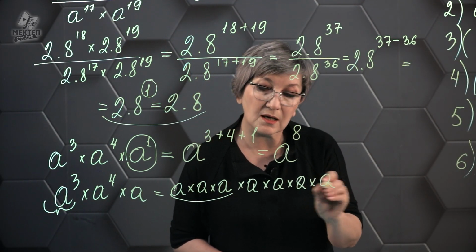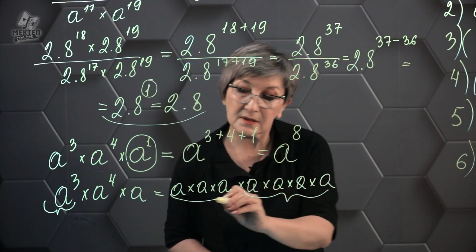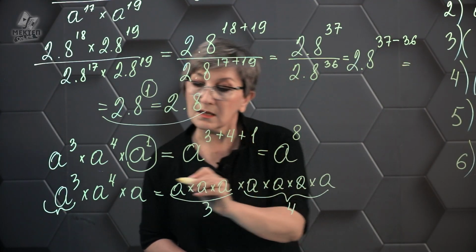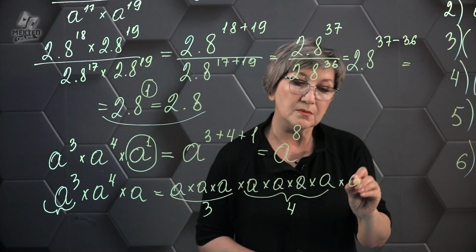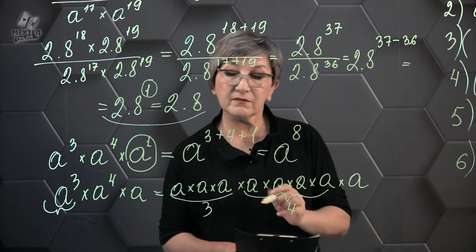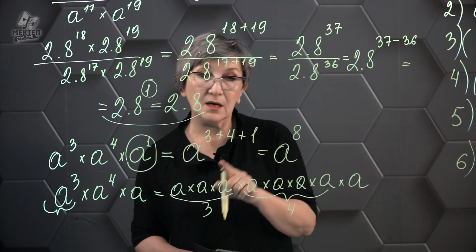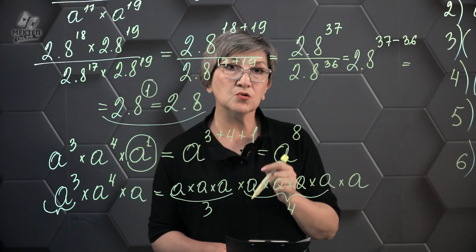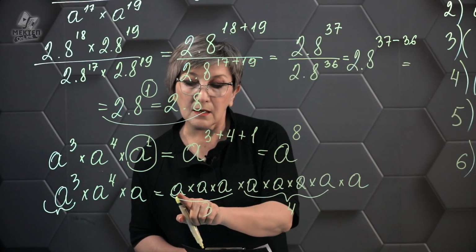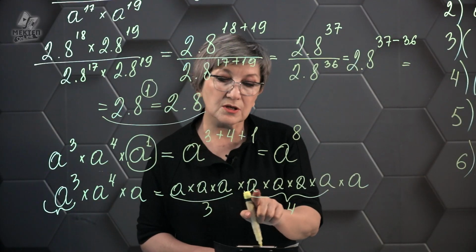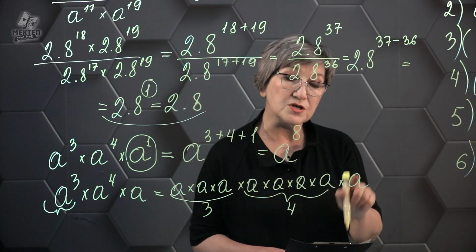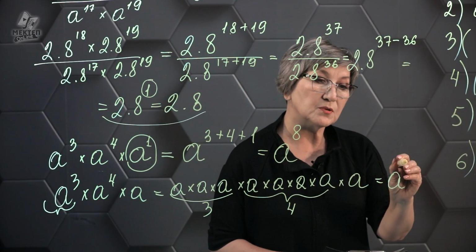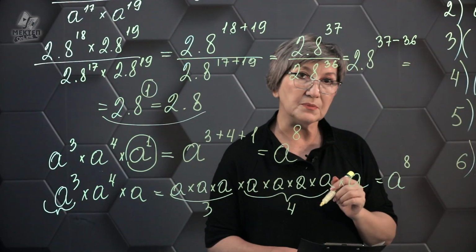We're also going to write down another multiplier a. Now let's count how many multipliers of a we have: 1, 2, 3, 4, 5, 6, 7, 8. The result is a to the 8th power.